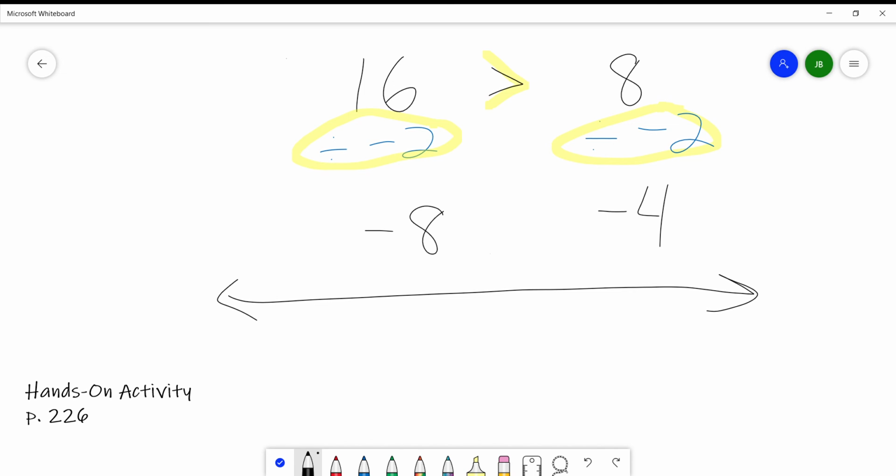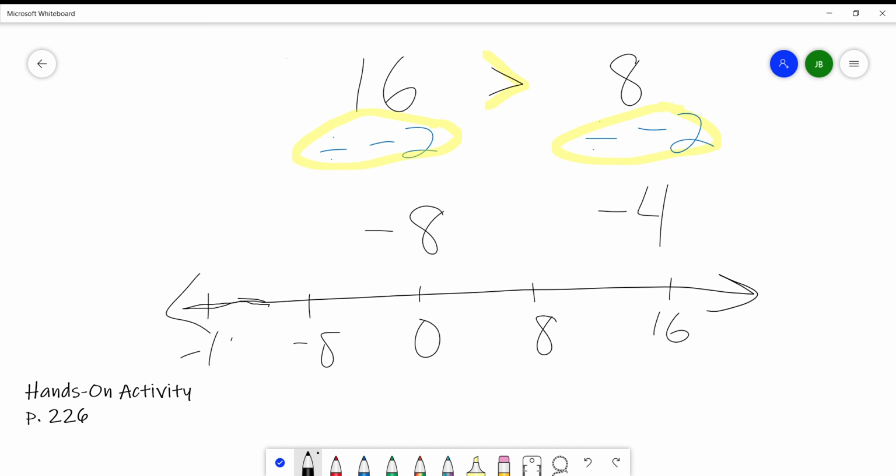So over here we have 16, positive. Over here we have 8. And over here we have 0. Messy number line, that's okay. Over here we have -8. And over here we're going to have -16.